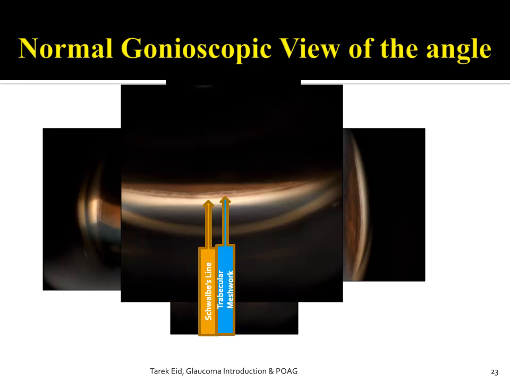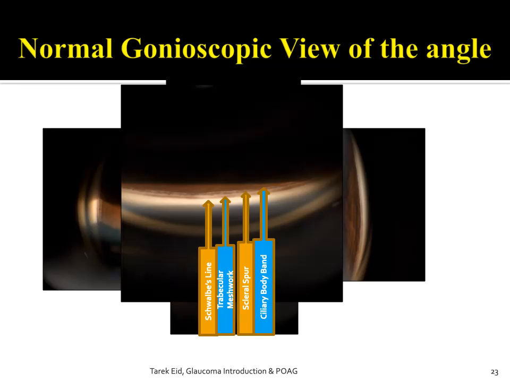And then we see this pigmented strip, which is the trabecular meshwork. After that, we will see a whitish glistening band, which is the scleral spur, and after that, towards the iris, we will see the ciliary body band, which is considered to be the ciliary body face, and then we will have the iris root after that.